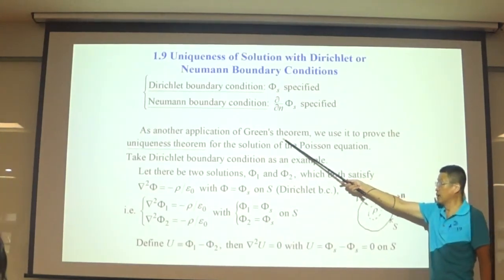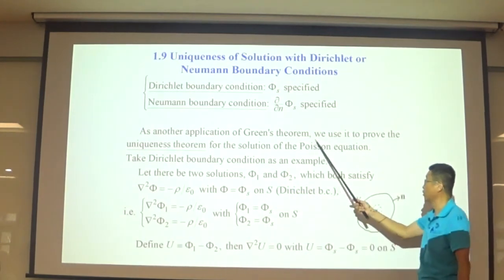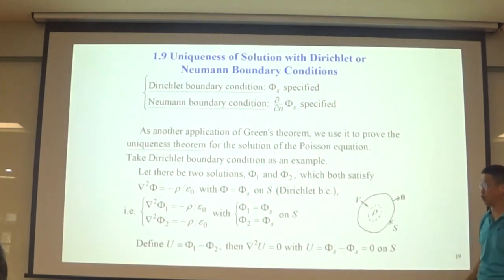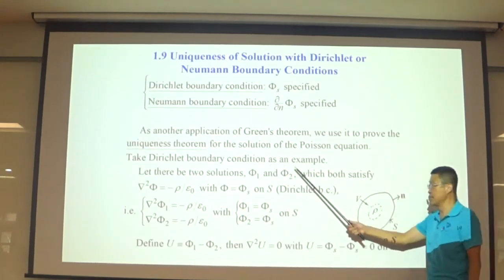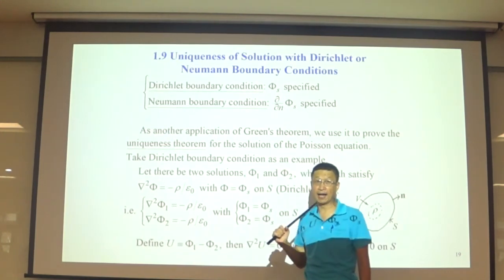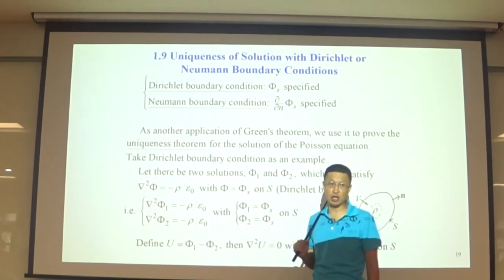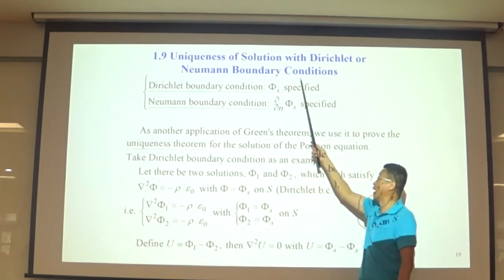That's another application of Green's theorem. We use it to prove the uniqueness theorem. How to do that? Let's consider Dirichlet boundary condition. We like Dirichlet boundary condition because it just specifies the boundary.